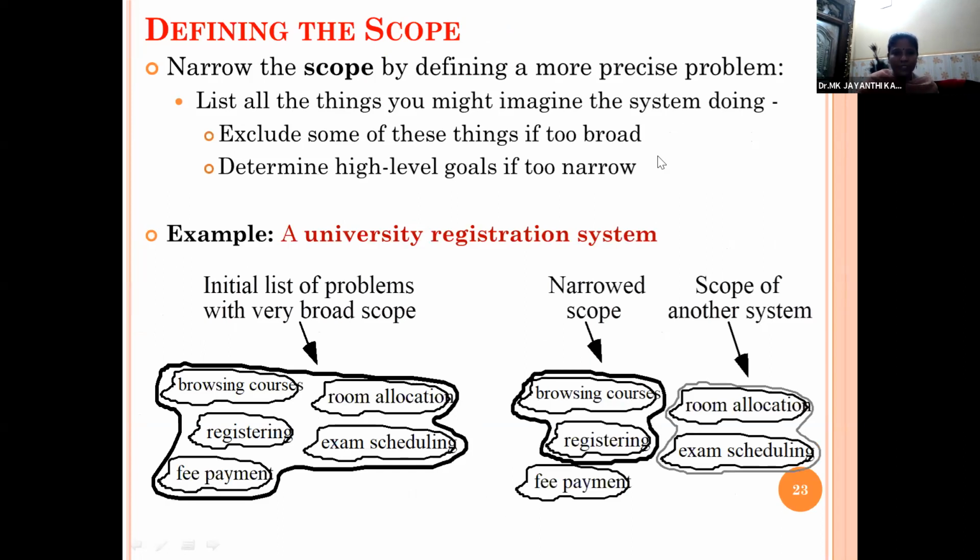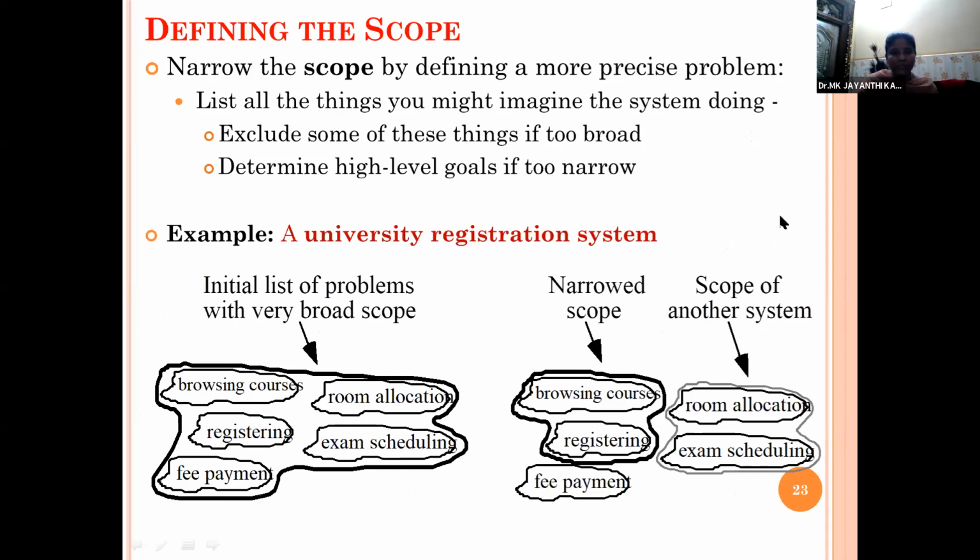So once the problem is identified, we'll go for defining the scope. Are you able to see the screen? We need to identify the solution for the problem by defining the scope. Narrow the scope by defining a more precise problem. List all the things you might imagine the system doing.